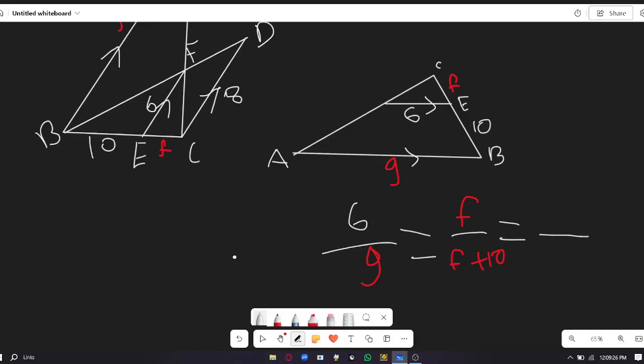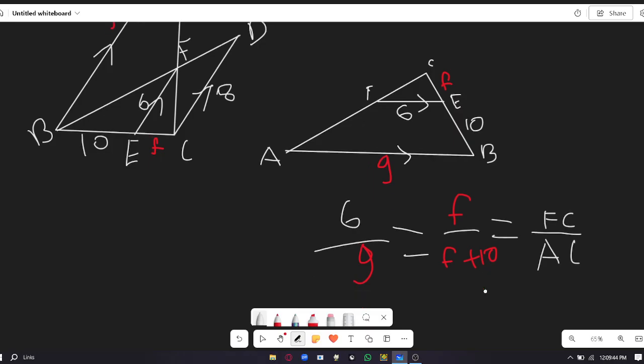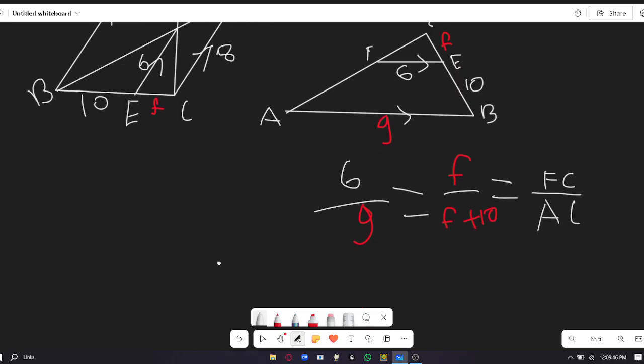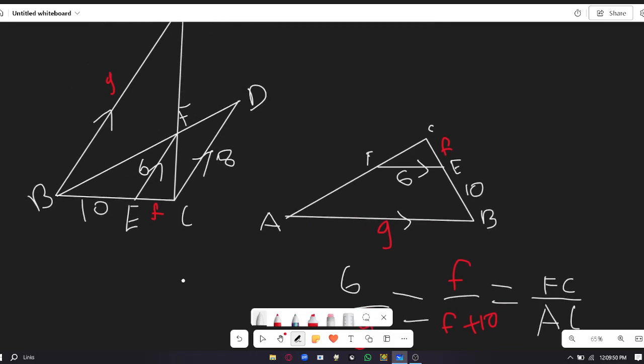Oh, there is one more point I missed. F. Okay. Then small C by the big. Like that, something like that, right? So now what? We don't have any values. That means we're done with that triangle.